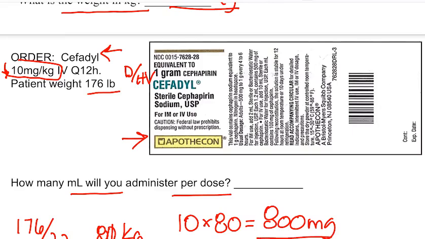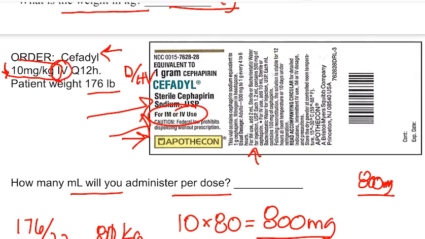Now I need to D over H times V this. I know that my D is 800 milligrams. I need to look in here, and it's for IM or IV use. I need to look at these concentrations, and there are two: one for IM and one for IV. So I'm going to look for the IV concentration. IV use, here it is: add 10 mLs.